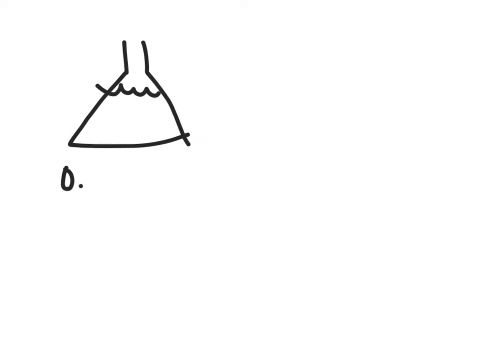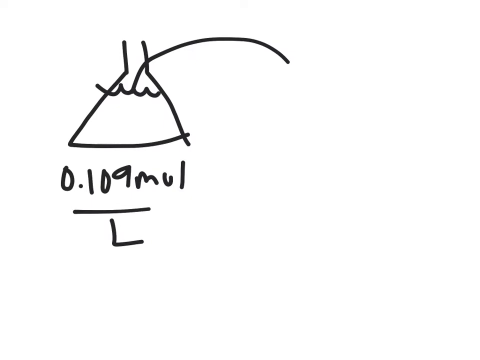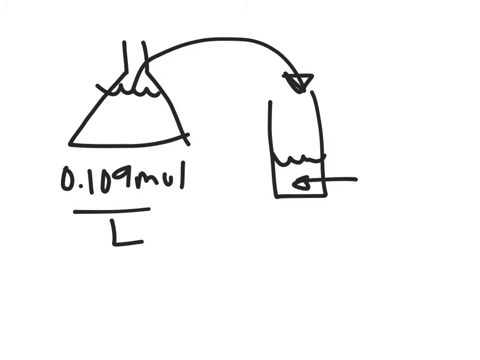So again, let's write this pictorially. Here's this solution that I have, and it has a concentration of 0.109 moles per liter. And I want to take some of this solution out and put it in another container. And in this container, I want there to be 2.0 grams of thujone.